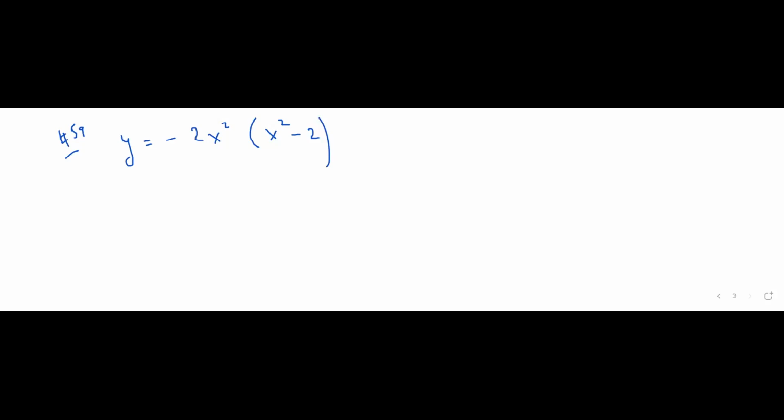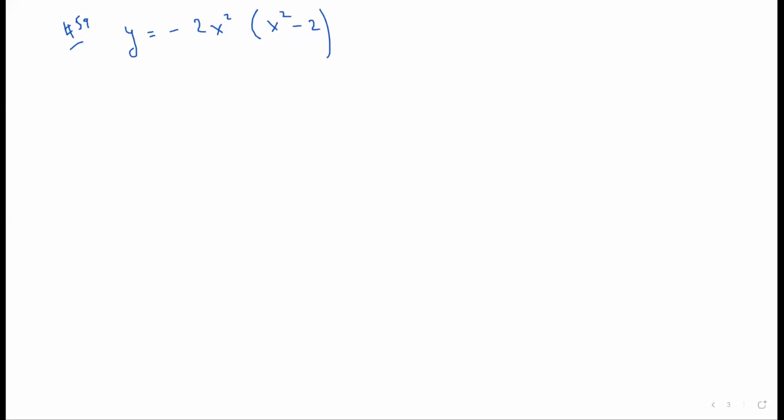Some people actually made me very impressed because they just distributed and ended up with negative 2x to the power of 4, and negative times negative is positive, 2 times 2 is another 4x squared. That tells you that your degree is here, the largest power.